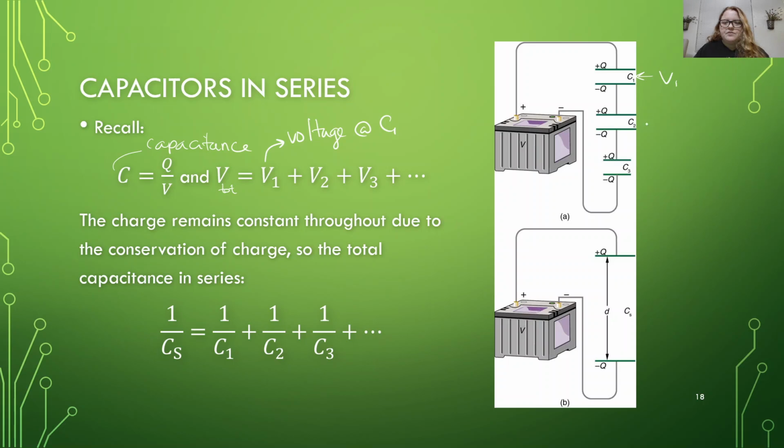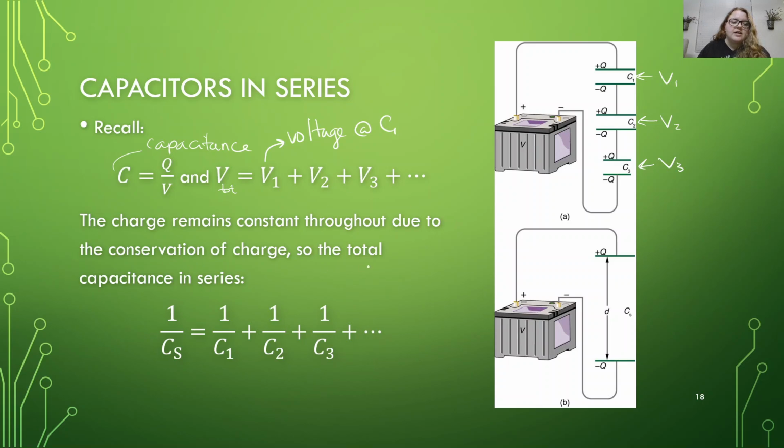We would have some V1, V2, and V3. Okay, so the voltages are different. Okay, the charge remains constant, of course, and that is due to the conservation of charge. Okay, so Q will be the same throughout, if you see it in this diagram. And we will have different voltages.